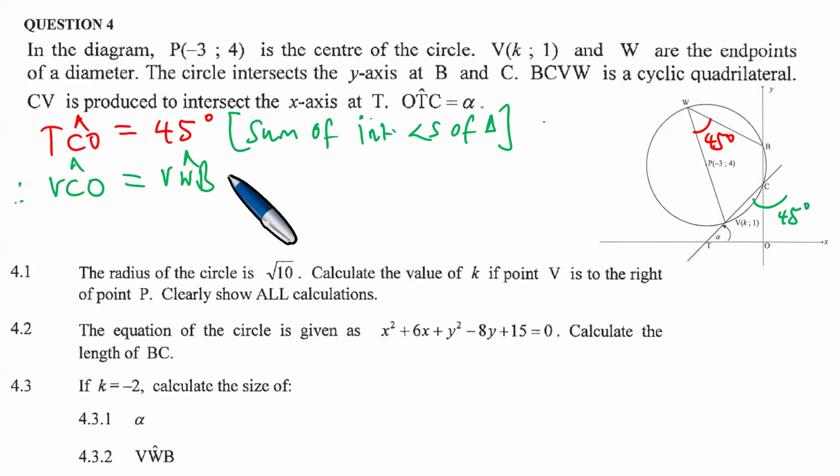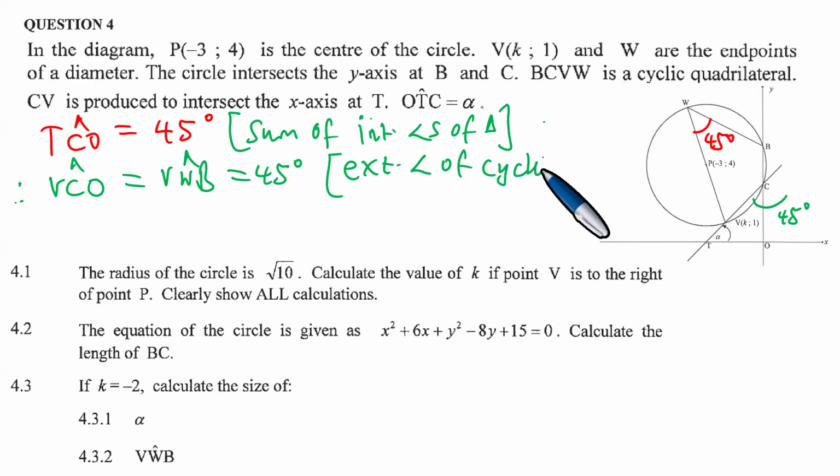Which is 45 degrees. Why is this angle VCO equal to angle VWB? Well, it's because of the exterior angle of a cyclic quad, like so.